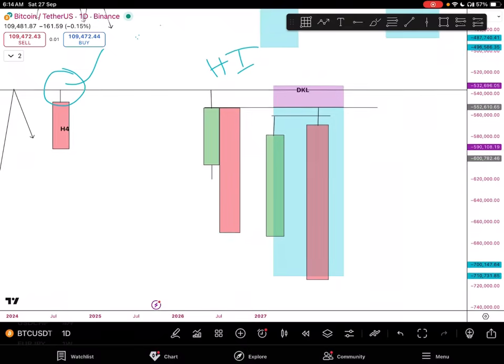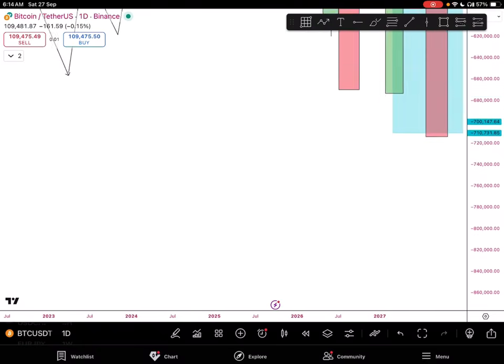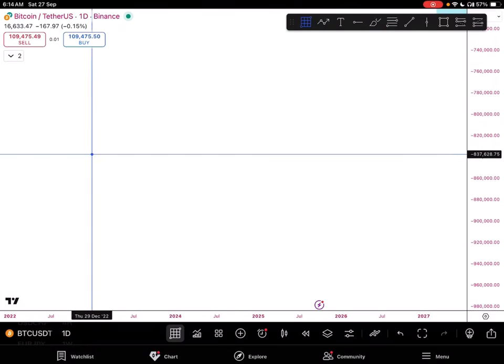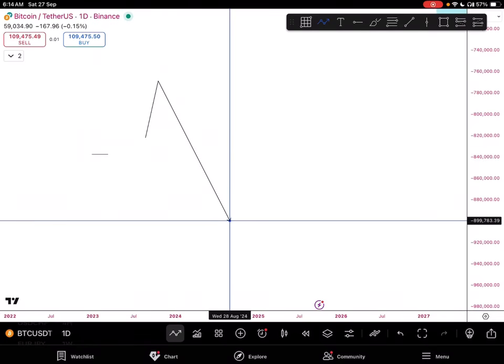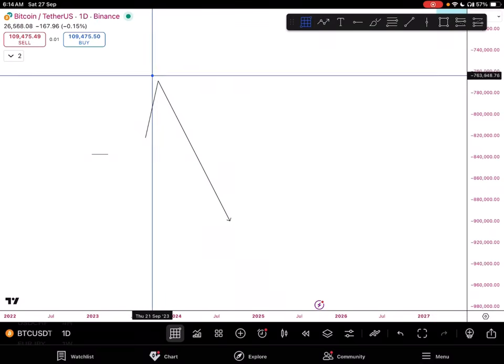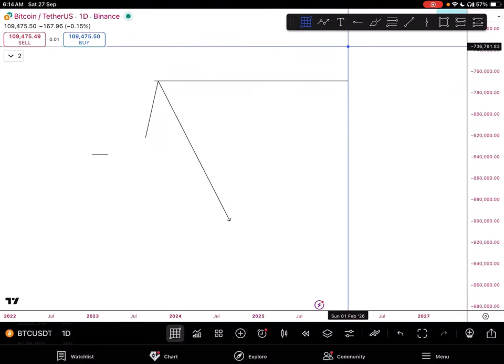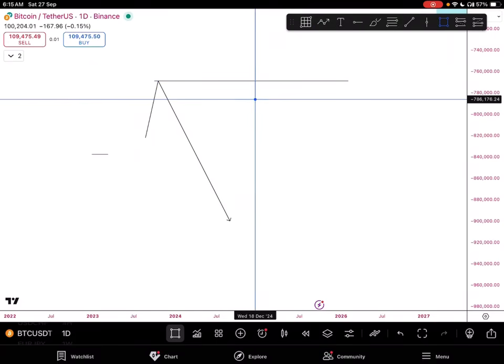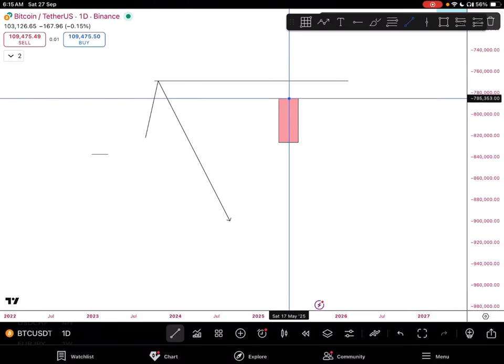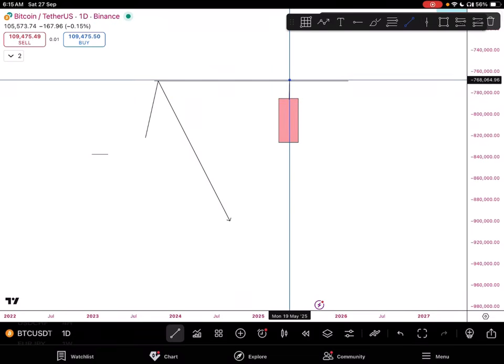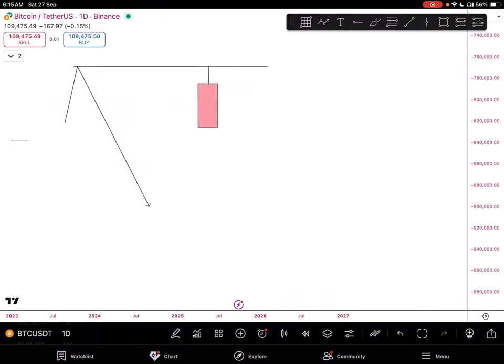Okay, so I have another confirmation entry, which is the price reacting to the key level like this. When the candle reacts to the price, once it triggers, we will go for the lower time frame.